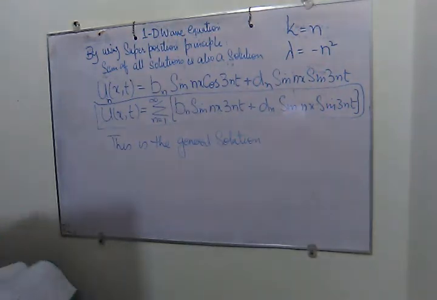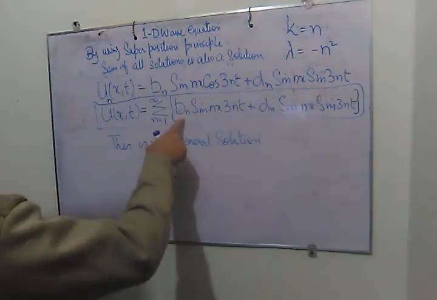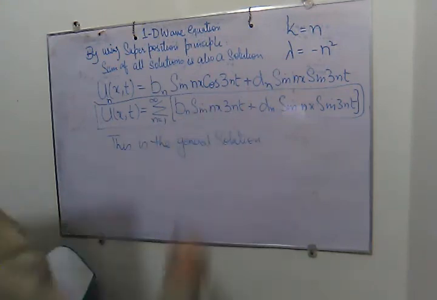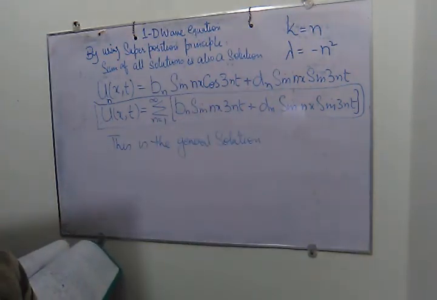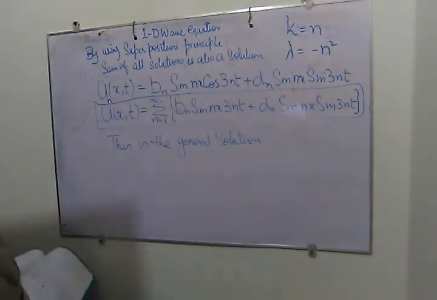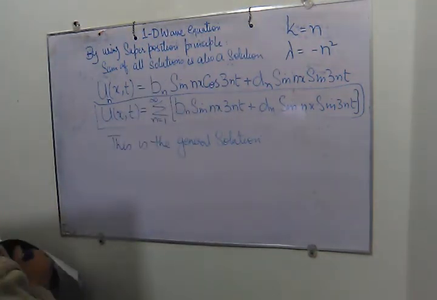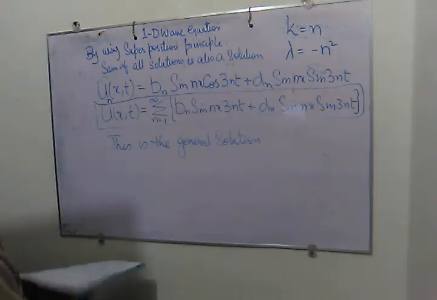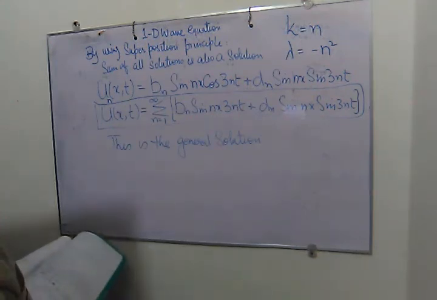In order to find the particular solution, we have to find the value of the coefficients bn and dn. And after this step, when we have got the general solutions, we need some more information from the situation so that we can find the value of coefficients.